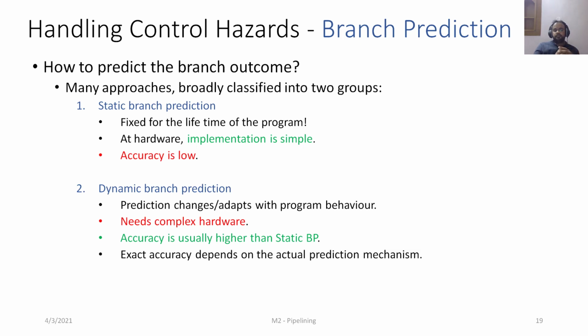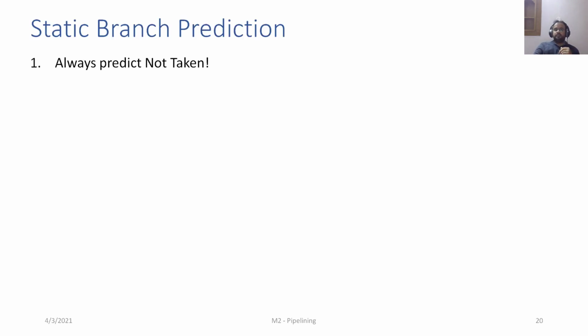The exact accuracy of the dynamic branch prediction is determined by what predictor we have implemented. We are going to look at quite a few predictors. From there, we can make some comment on their accuracy. Okay. Before that, let's start with the static branch prediction.